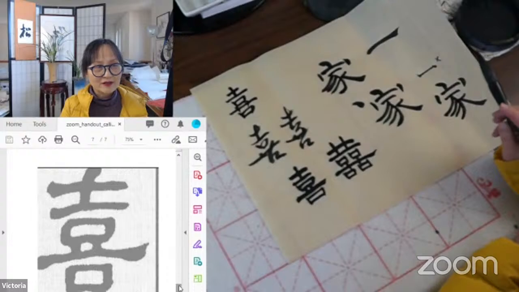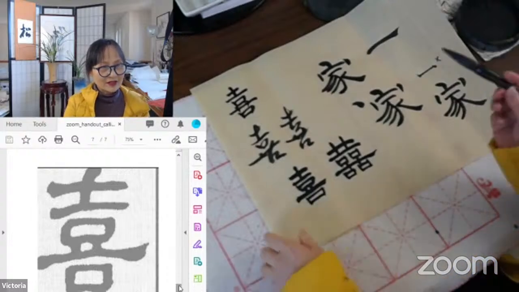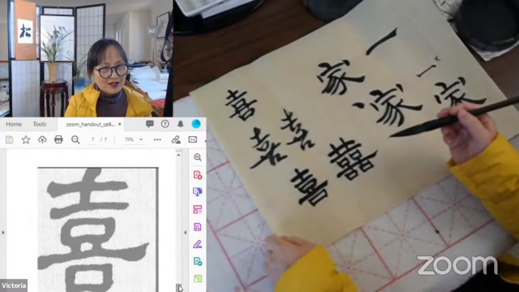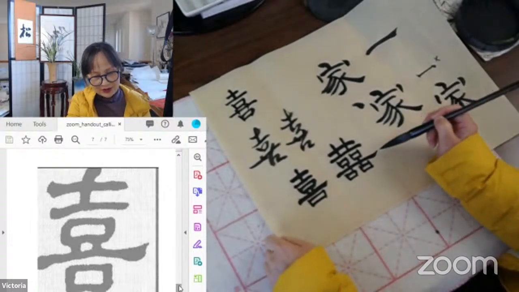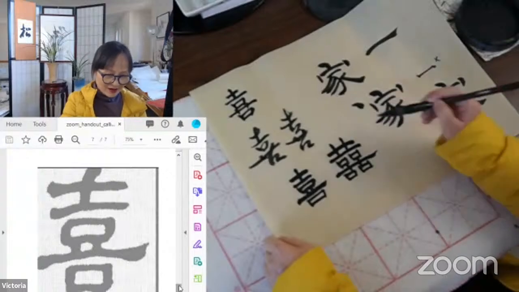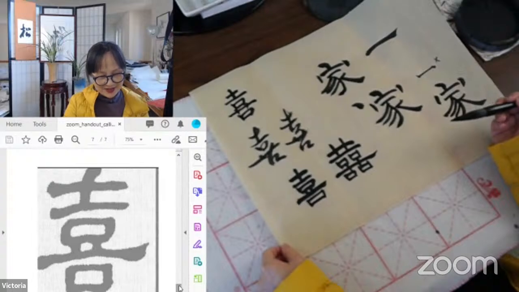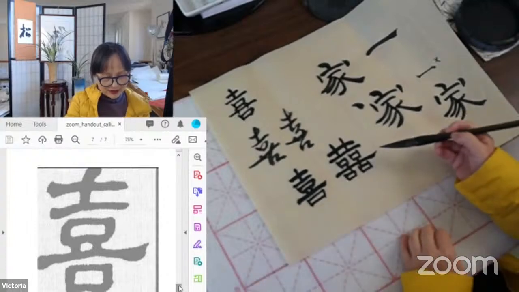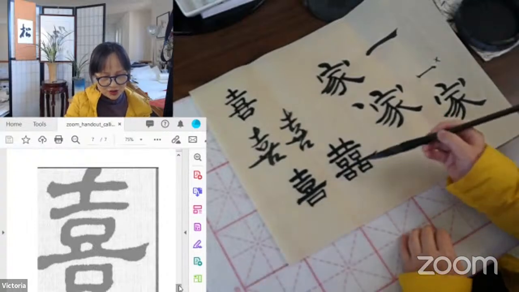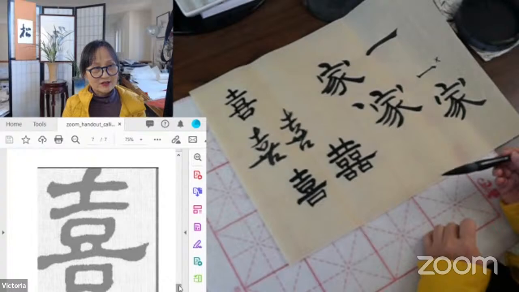I write the seal carving, I mean, the official script. So one stroke here shows the whole thing is one character, not two characters, and how much is still individual and how much is shared.